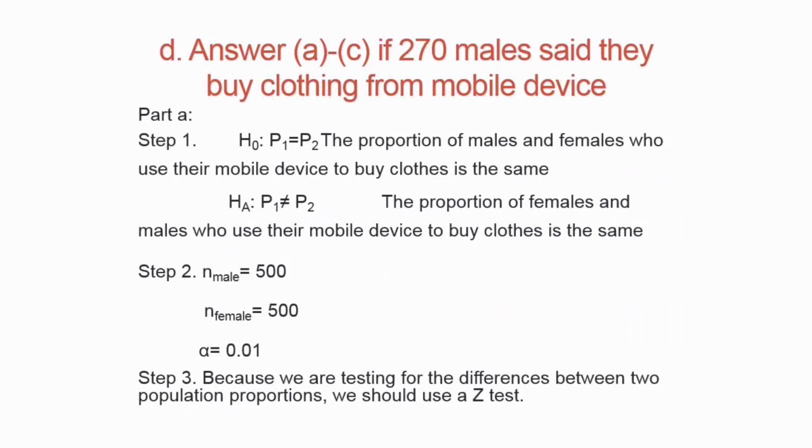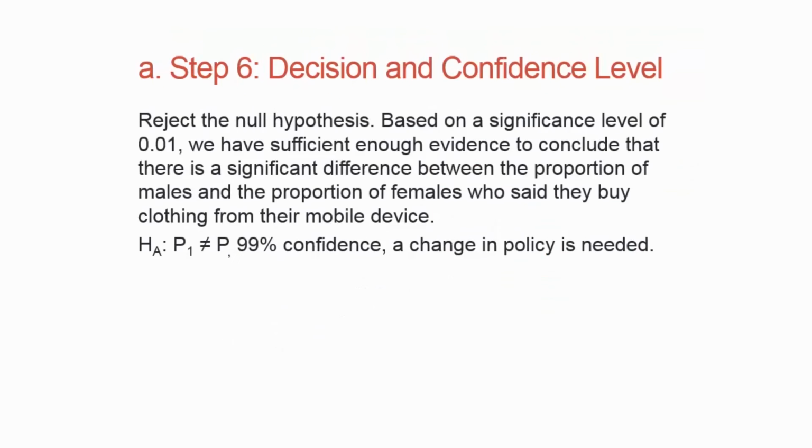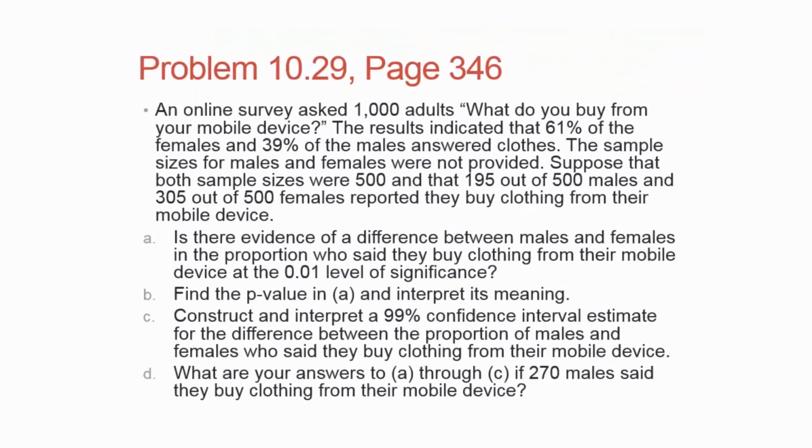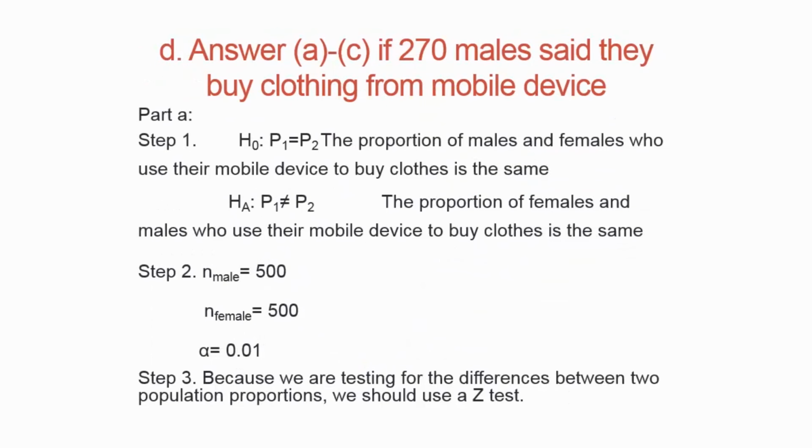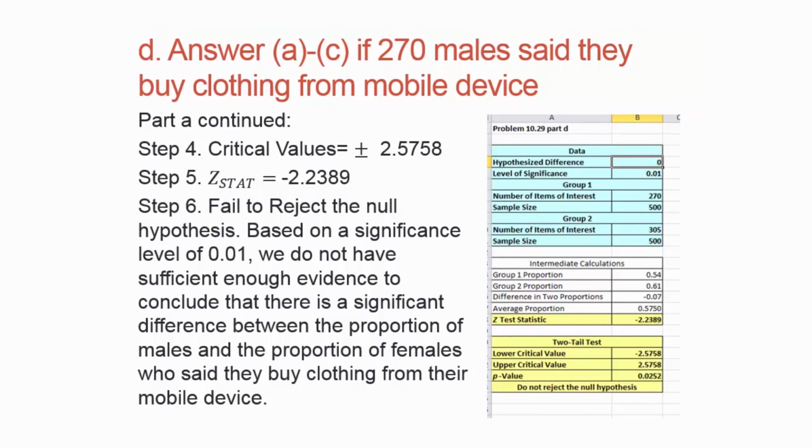Okay? And then the final step of this problem, which is part D, if we go back, says, what are your answers to A through C if 270 males said they buy clothing from their mobile device? So we're going to use the same process. All we're going to do differently is we're going to plug into our formula the different values, and we'll continue to use PHStat.